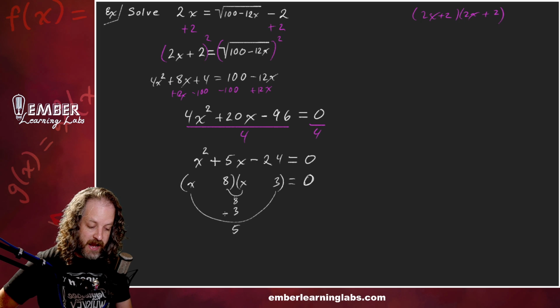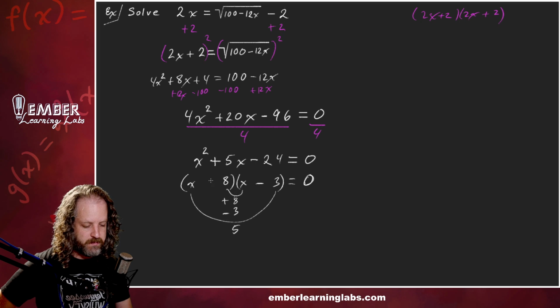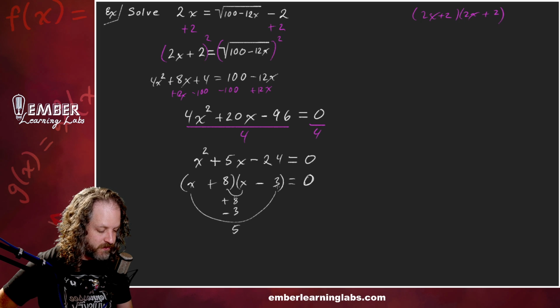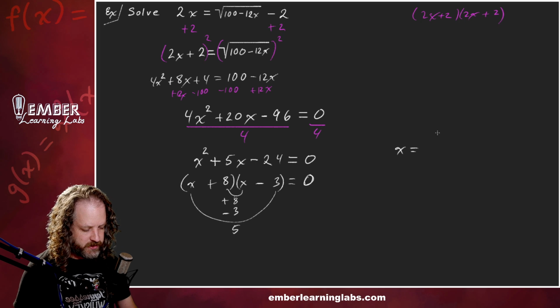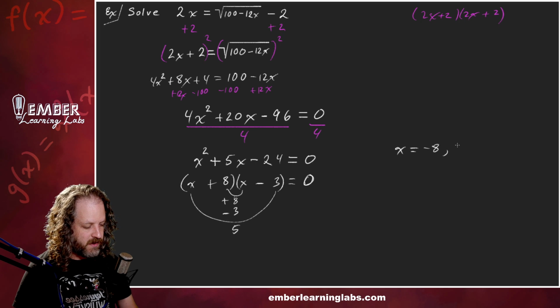Does it work, or can it work? Minus and plus will give us positive 5, so follow our mouth and put negative, follow our nose and put positive. Now we've got to double check that sign at the end. Positive 8 times negative 3 is 24. So x equals negative 8 and positive 3.